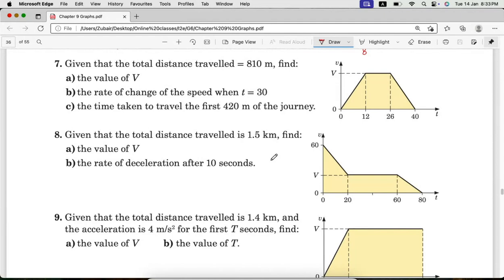Haris, what are you getting? We need to confirm. Yes, sir, I am getting 30. Sir, I'm not getting the same. Okay, let me solve.